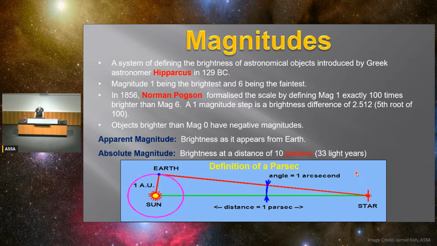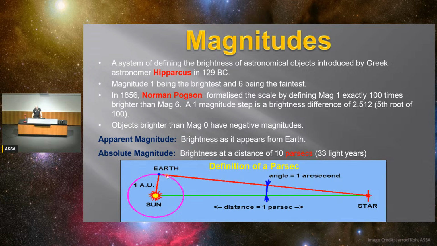And that little diagram there shows you what the definition of a parsec is. Imagine a star at 1 parsec away. There aren't any stars there, but imagine if there was, and if the Earth in its orbit created a right-angled triangle with the star, using that 1 astronomical unit as a baseline.